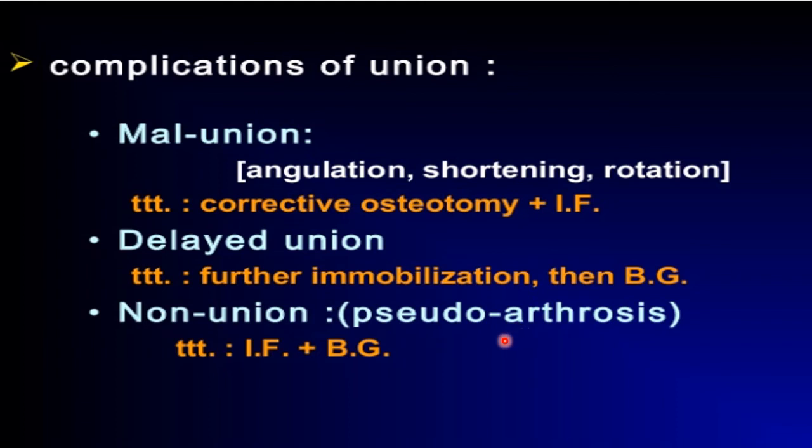Then there is non-union, which may or may not have pseudoarthrosis. Non-union is when the bones have failed to unite and the two ends have stopped the effort to unite. Or there may be a fibrous deposit. Fibroblasts have deposited fibrous tissue in between the two broken ends, which is preventing the callus from forming and the two ends from uniting.